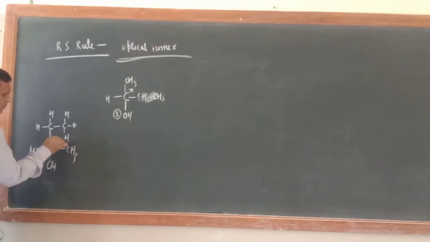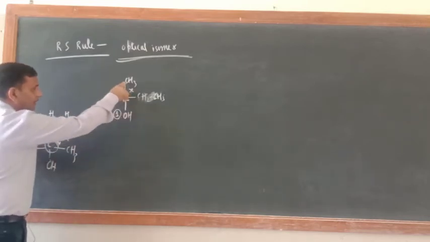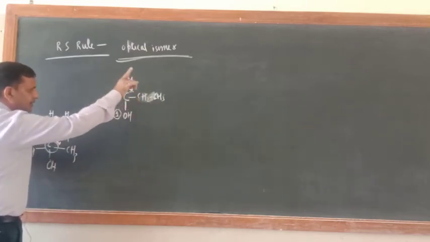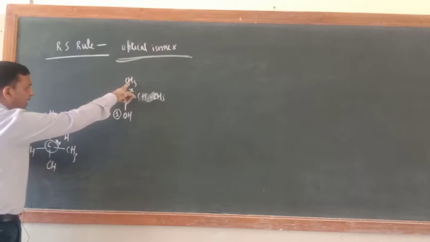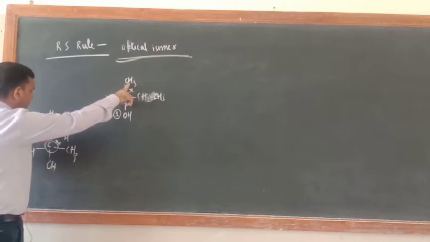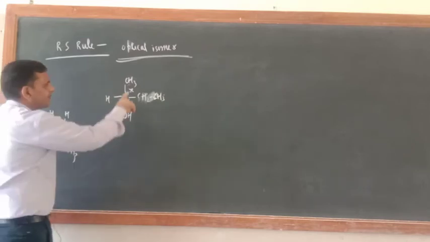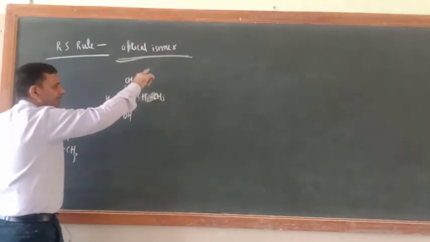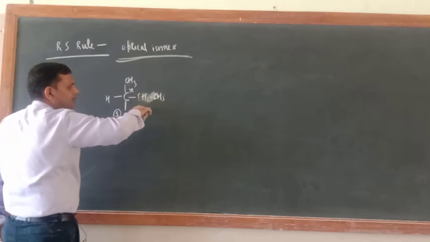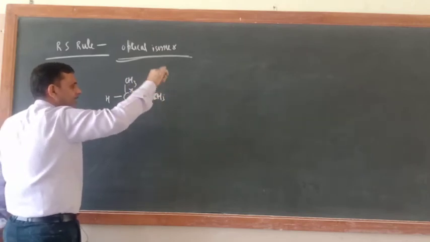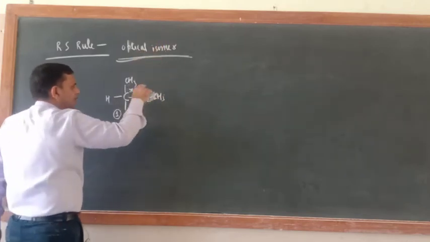Just try to understand, the first atom is carbon here, also carbon, so the first atom can't decide. Second atom here is hydrogen, but here the second atom is carbon only. Here CH3 is CHH and C2H5 is CCHH, correct or not? So this will get the priority.